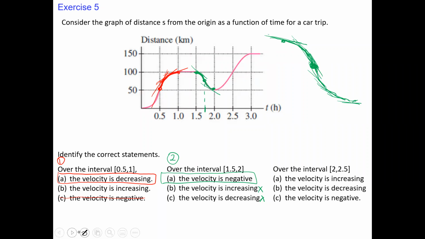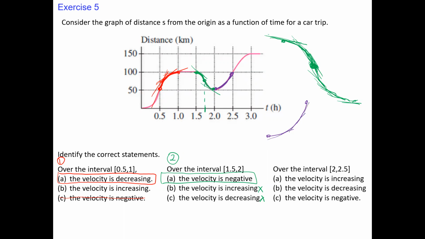Okay, and the last interval from 2 to 2.5, this is just one. Oh, we're not changing? Okay, we're not changing, we have just this situation. Okay, that means this situation, we know it's speeding up, if we want to say it this way, because the slopes are positive.